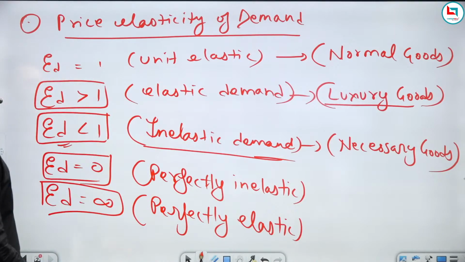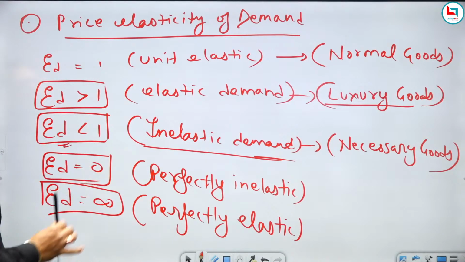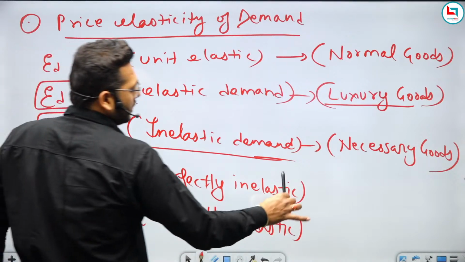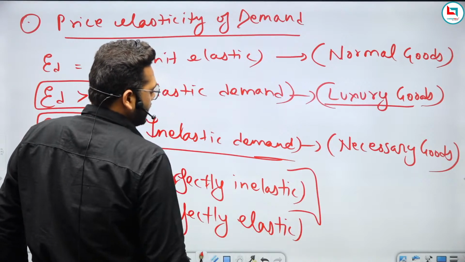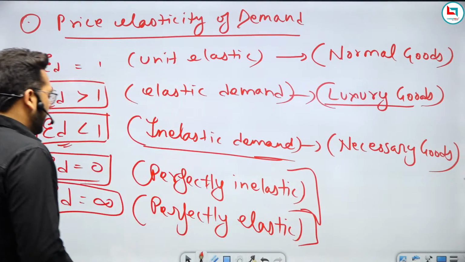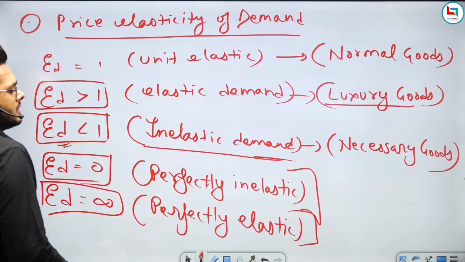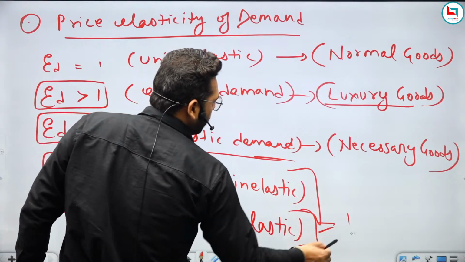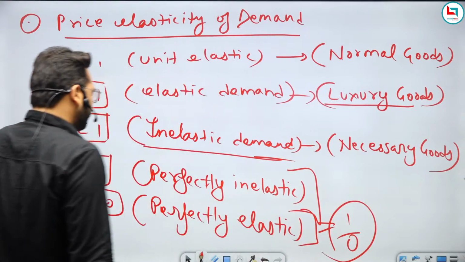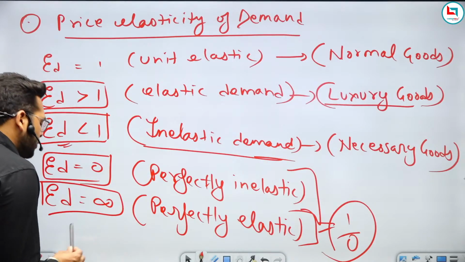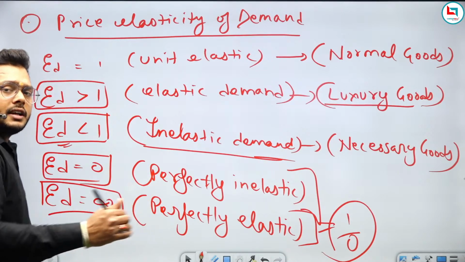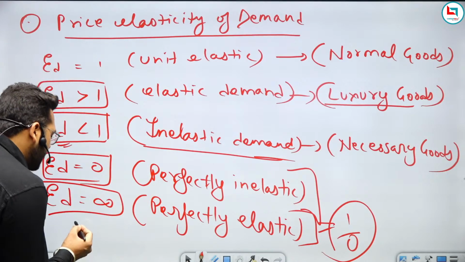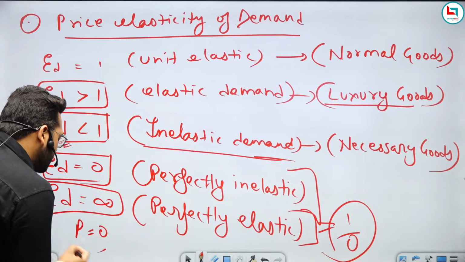Okay. So majorly the question asks for the curve of perfectly inelastic and the curve of perfectly elastic. Here it is undefined, or you can say 1 upon 0, or infinite. This means there is no change in the price, still the demand is changing, right? Here the price is constant.